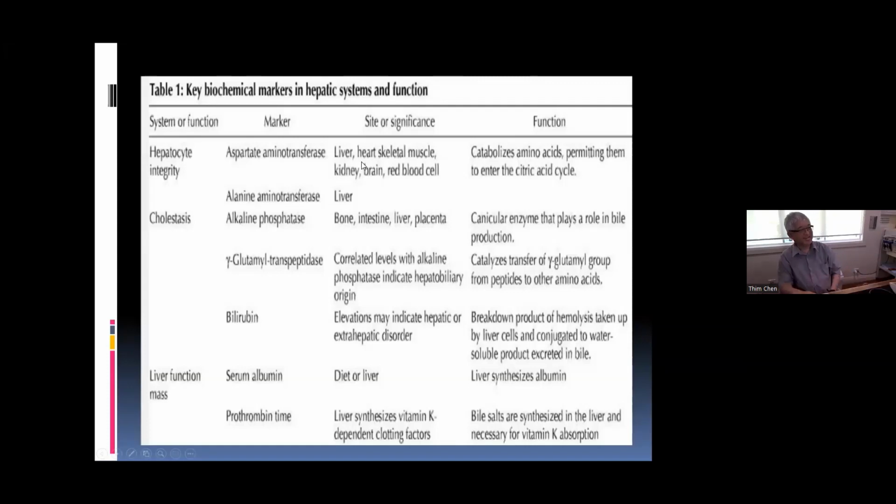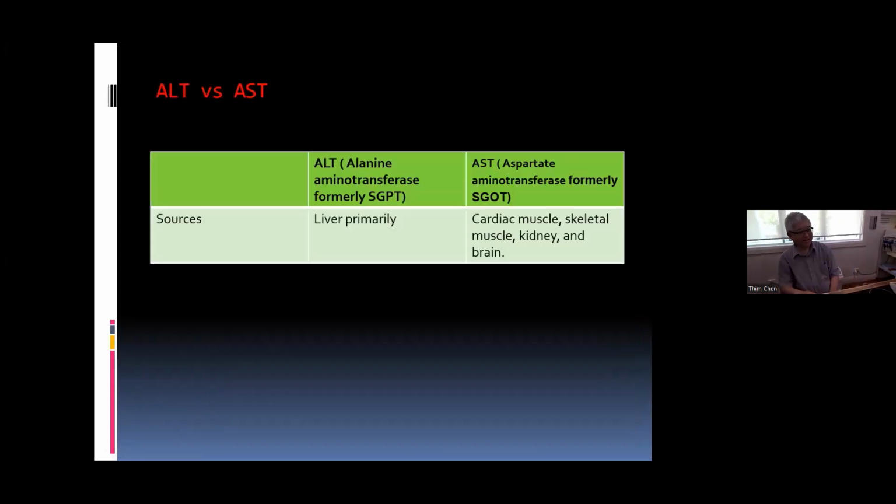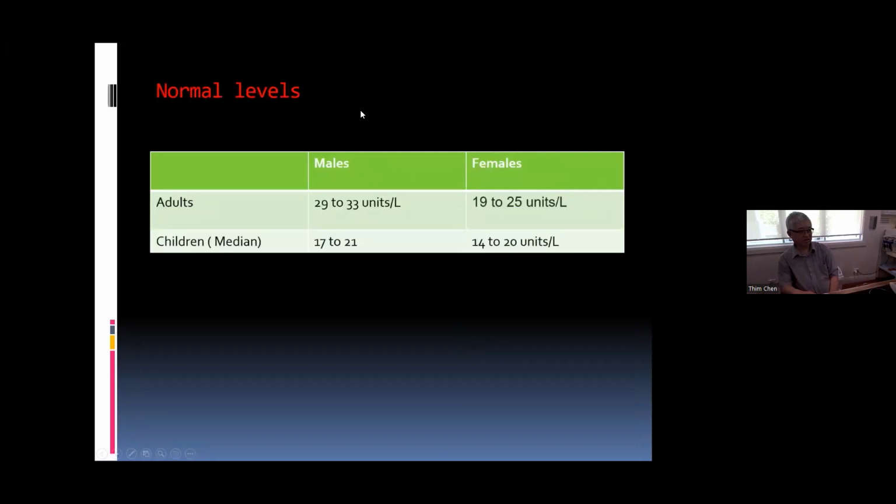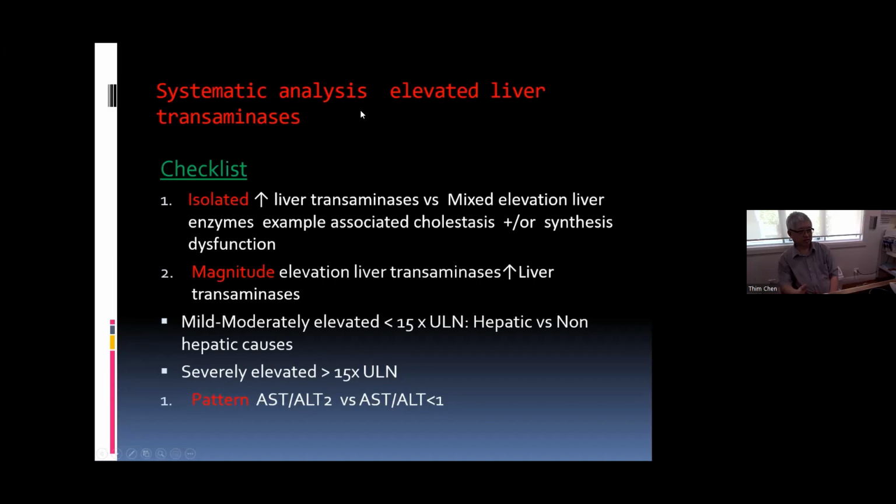So I click here on this screen, and these are the ALT and AST, which I talked about. ALT is from the liver, and AST is in other organs as well. And these are normal values. And then I talked about systematic analysis. So we look at whether it's an isolated or a mixed elevation, and the magnitude of it, where I said I would treat anything between 3 to 5 times the upper limit of normal, but I'm not happy with treating anything above 6 times.